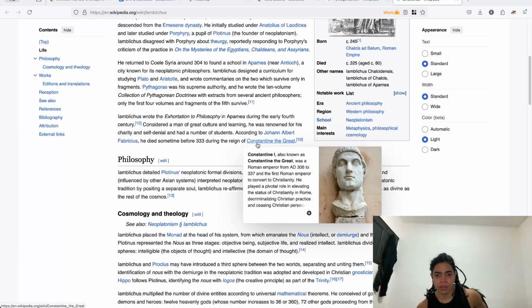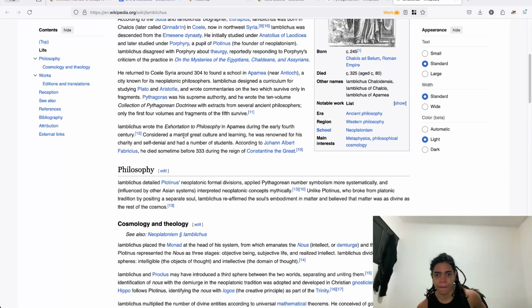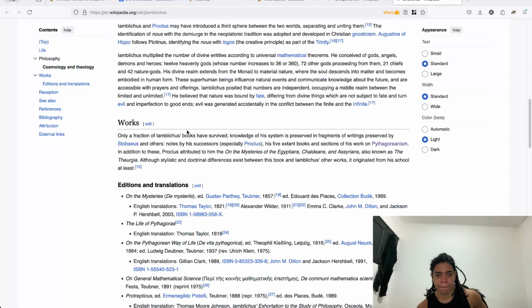During the reign of Constantine the Great, Constantine. Proclus.